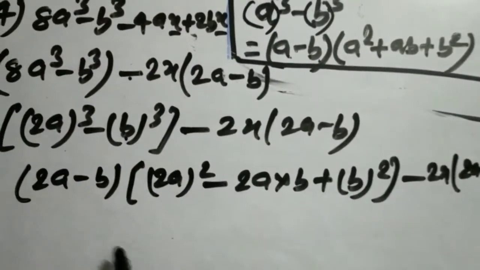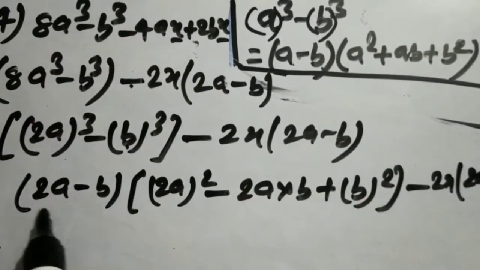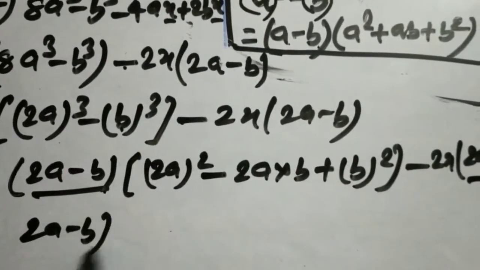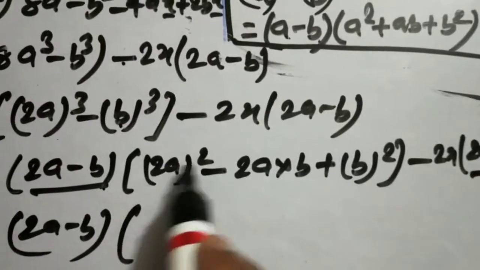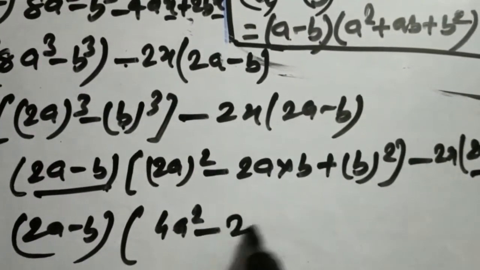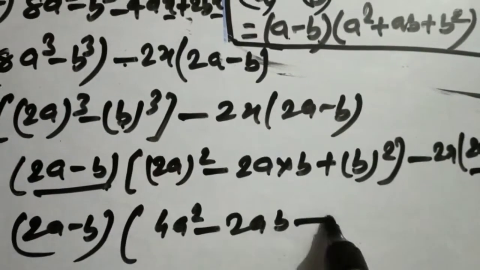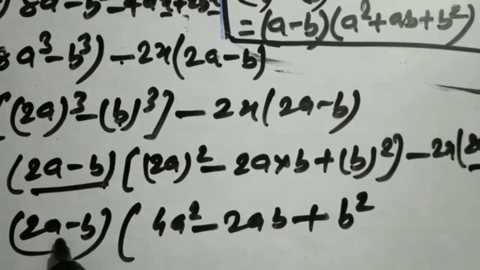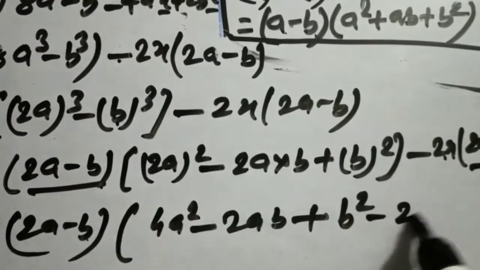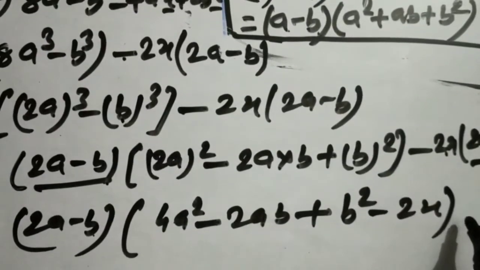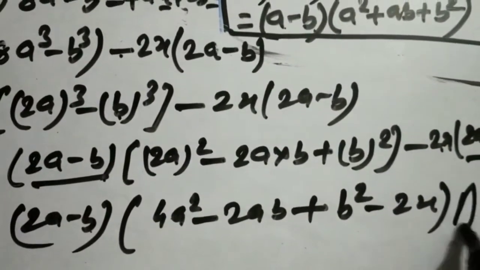Okay, now this 2a minus b and this 2a minus b will be common, so here we are left with 2a the whole square will be 4a square plus 2a multiplied by b will be 2ab, and plus b the whole square will be b square, and here 2a minus b is common, so 2x will be left here. Okay, so this is your factorization for the given question.